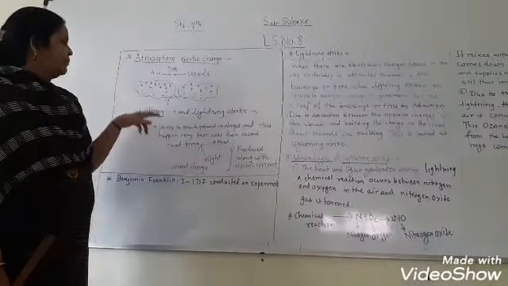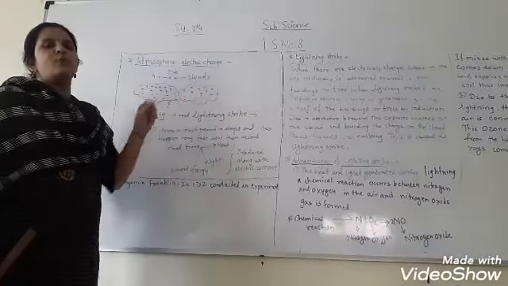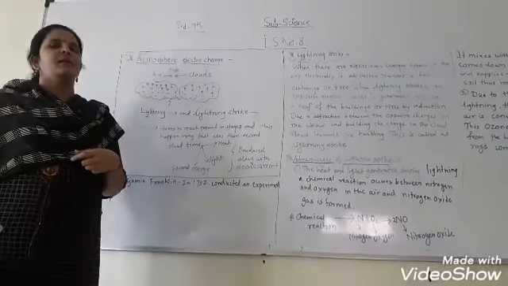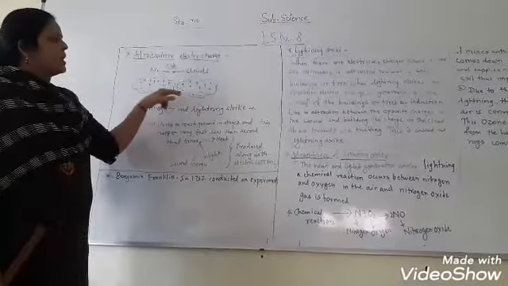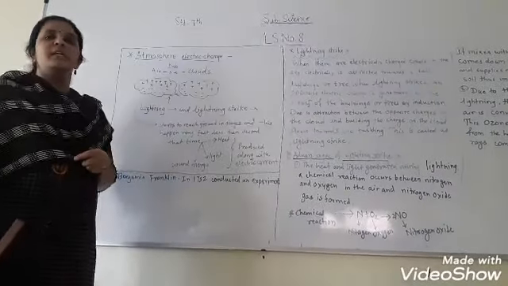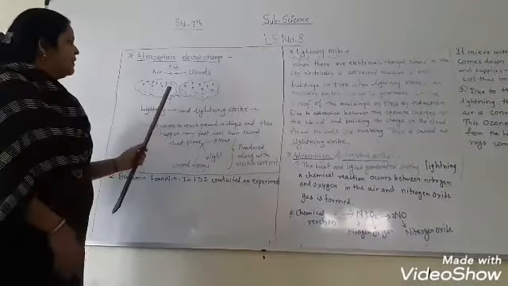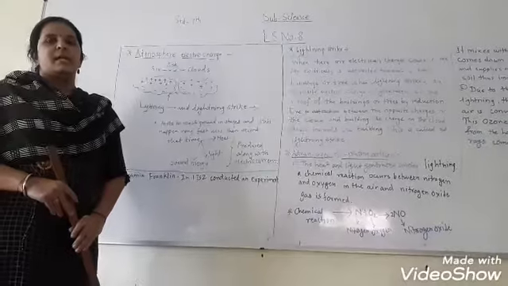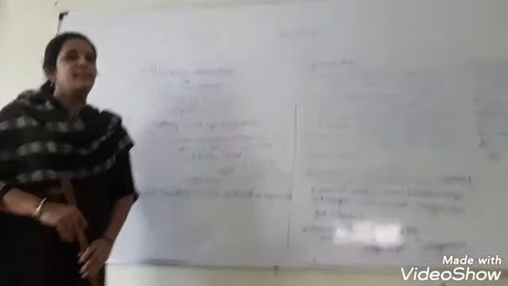Now lightning starts when these charges develop on the clouds. The clouds become so much heavier, and the lower part of these clouds possesses the negative charges and the upper part positive charges. But these negative charges become so heavy that they slowly start coming down.